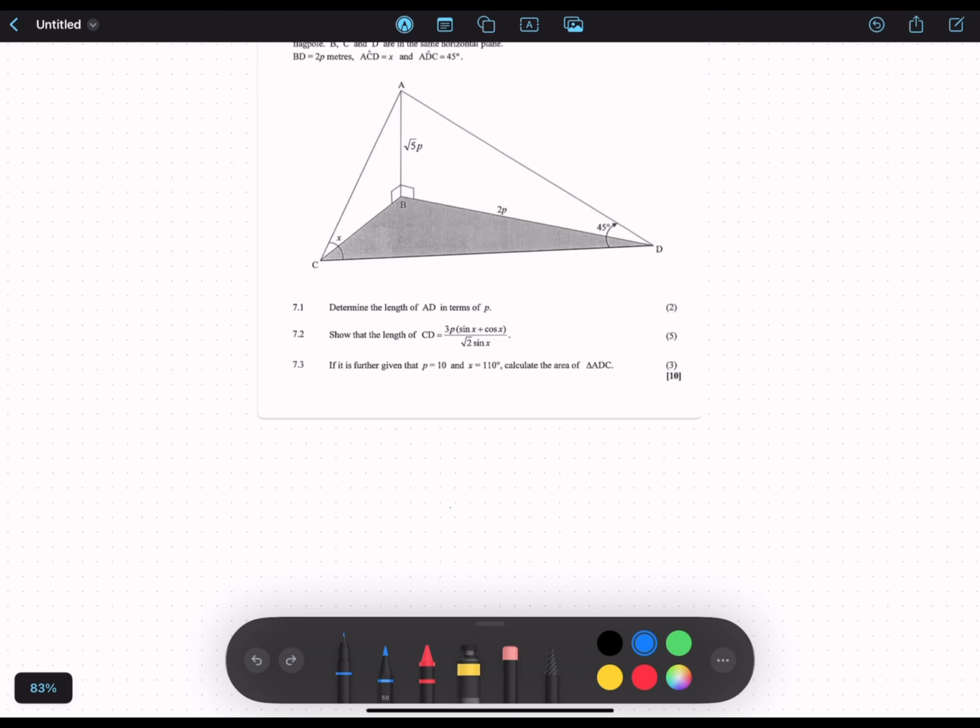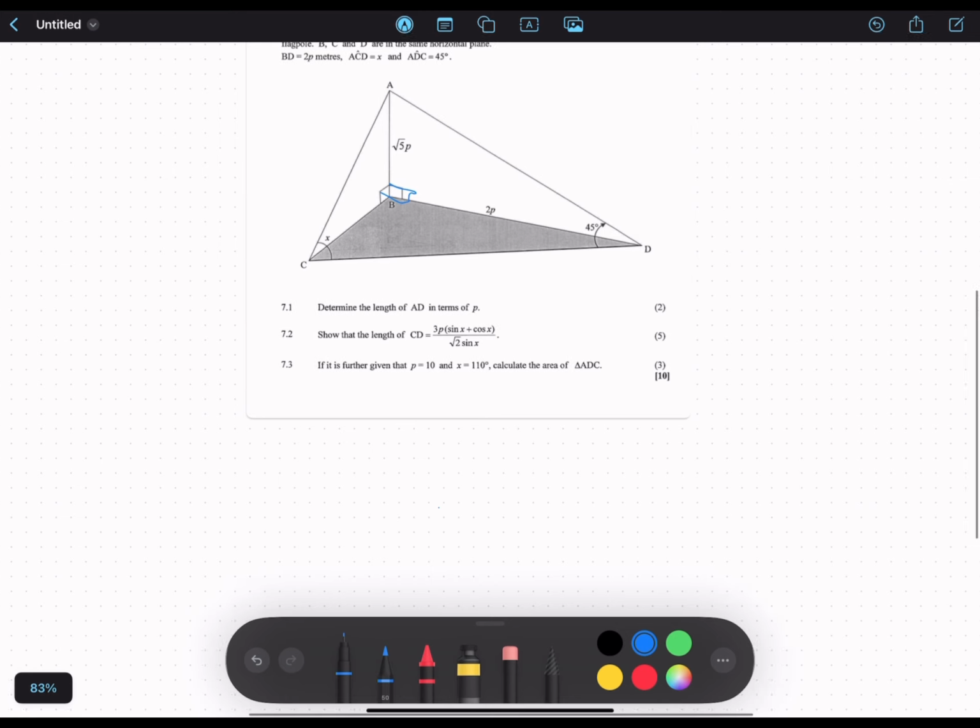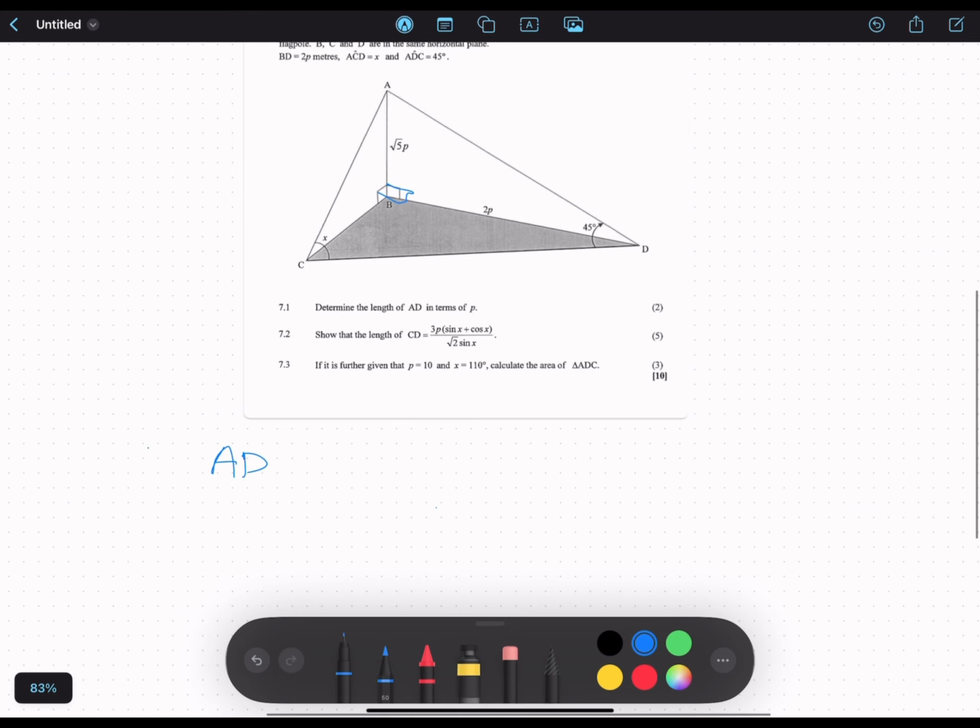We have 90 degrees and we have these two sides, and they say in terms of P. So we can just say, let me write 7.1, AD squared, according to the theorem of Pythagoras, is going to be AB squared plus BD squared. I hope you still remember this, guys.